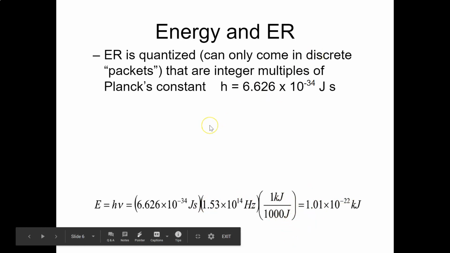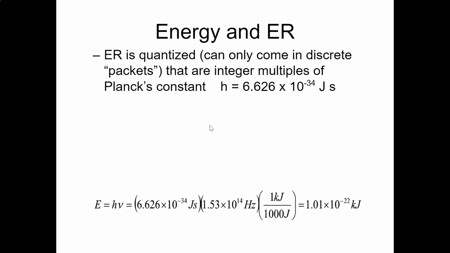The other equation that we want to take a look at is the energy versus electromagnetic radiation. Remember that electromagnetic radiation is said to be quantized. It can only come in discrete quantities. Well, we didn't really get into details in first year, but those quantities are integers of Planck's constant, h. I know, again, if you were in honors, you saw this before because we did some calculations.